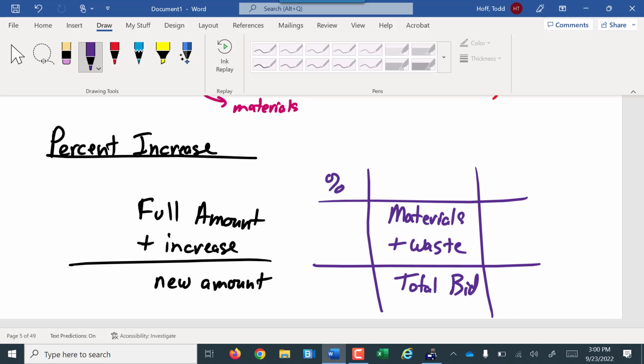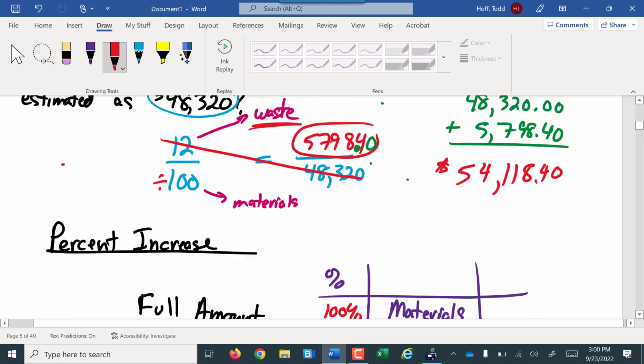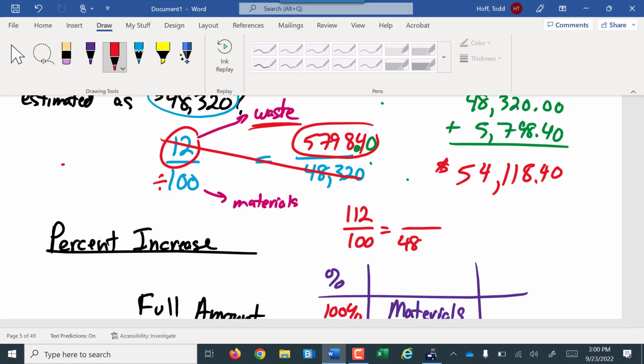So if we look at the percents of what we have here, the materials were the full amount. They were 100%. We were adding waste of 12% to that, which meant the total bid was 112%. So instead of finding 12%, we could have found 112% of the 48,320.